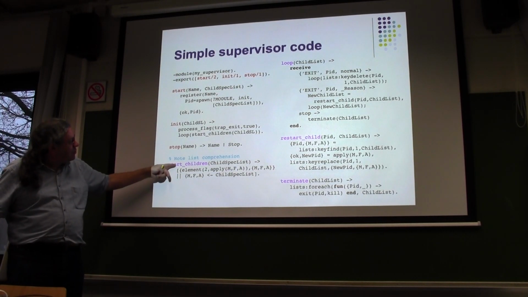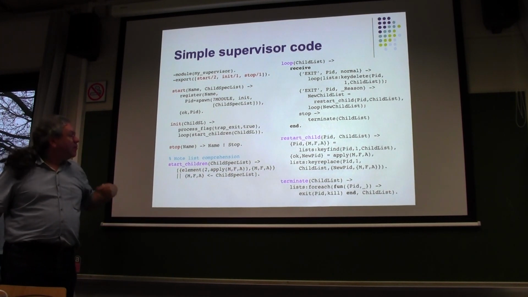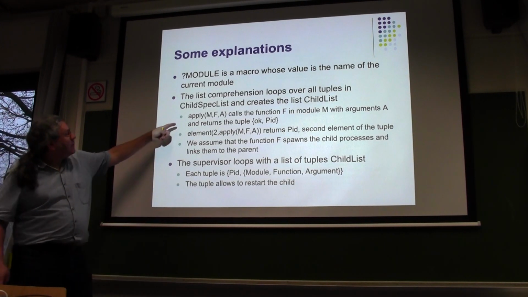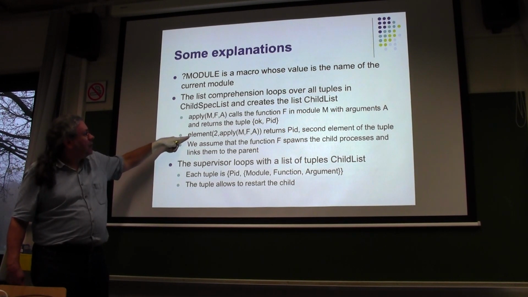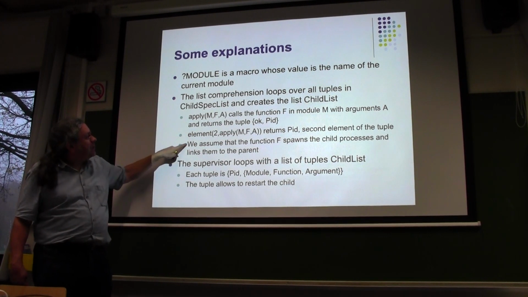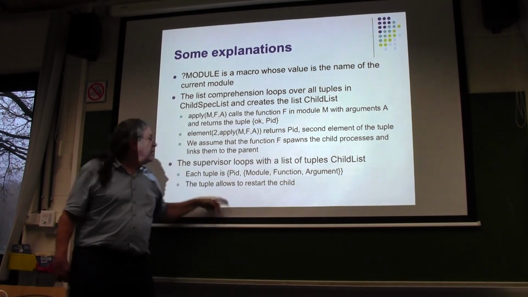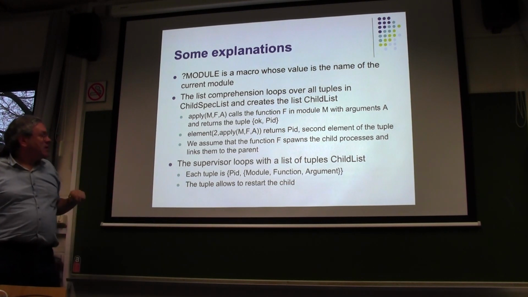Erlang has this concept of a list comprehension, where you can create lists from other lists, okay? And I'm explaining here what apply does, what element 2 does, and the function f, which is the child specification. It spawns the child and immediately links it to the parent. So spawn and link. Here's what it does.